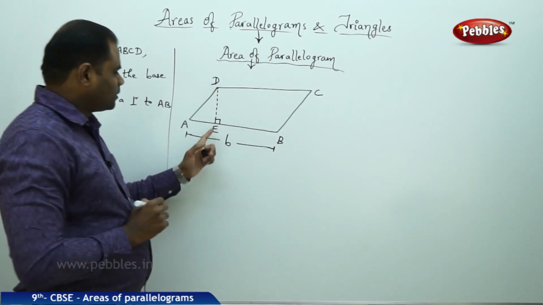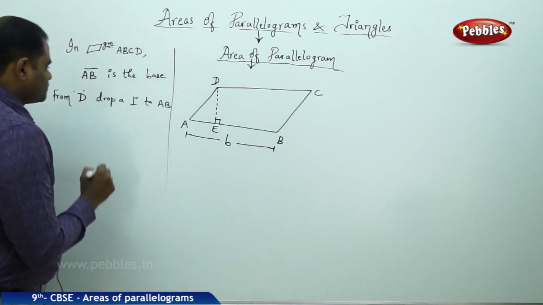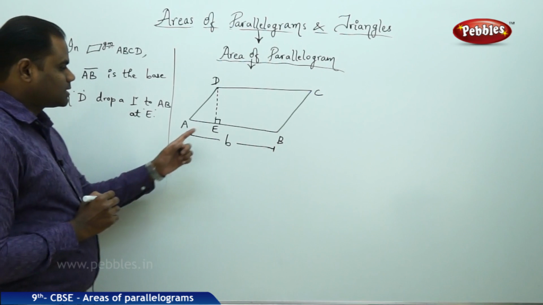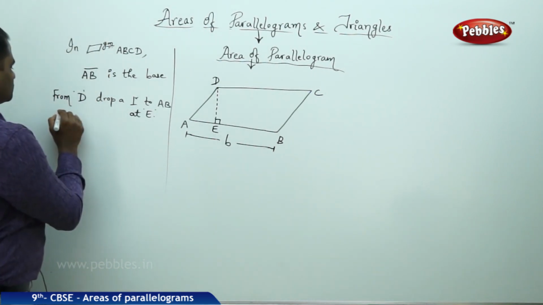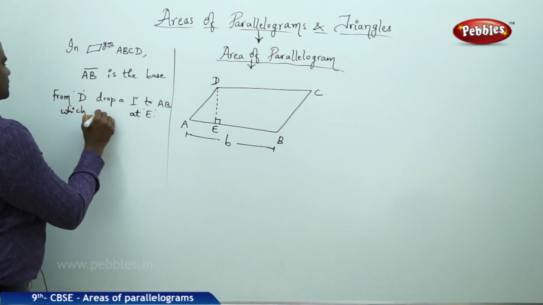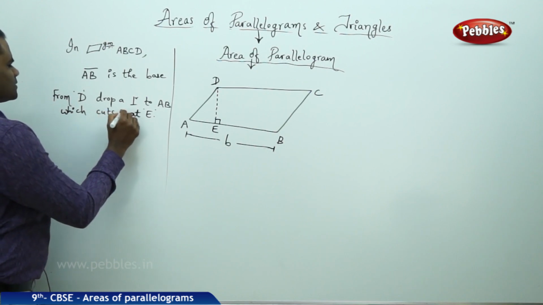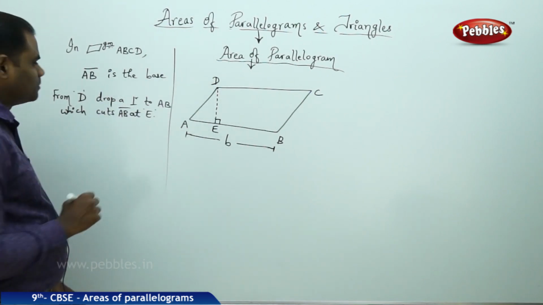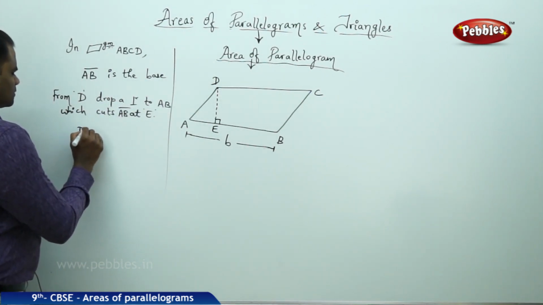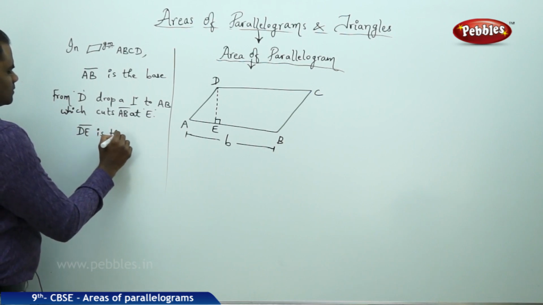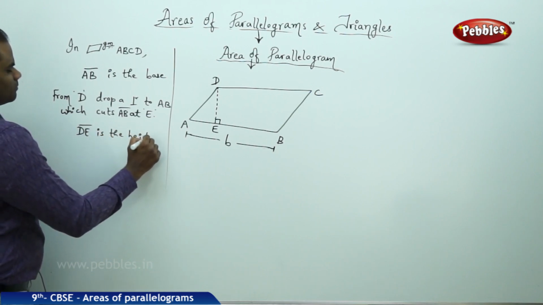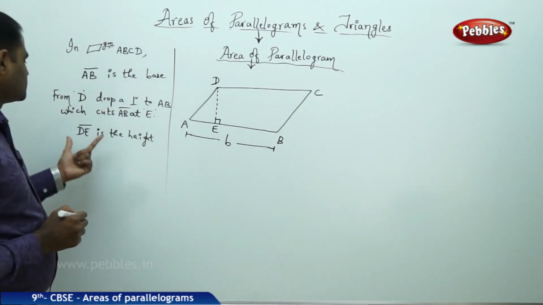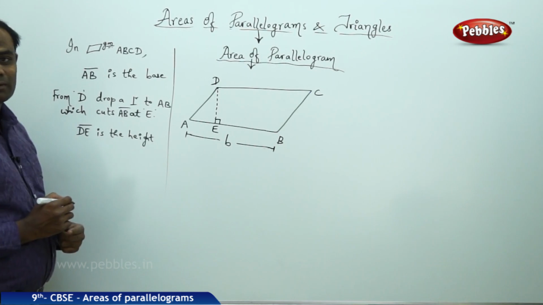If I drop a perpendicular from D to AB, which cuts AB at the point E, then clearly we know that DE is the perpendicular, that is, DE is the height of the parallelogram. So AB is the base of the parallelogram and DE is the height of the parallelogram.